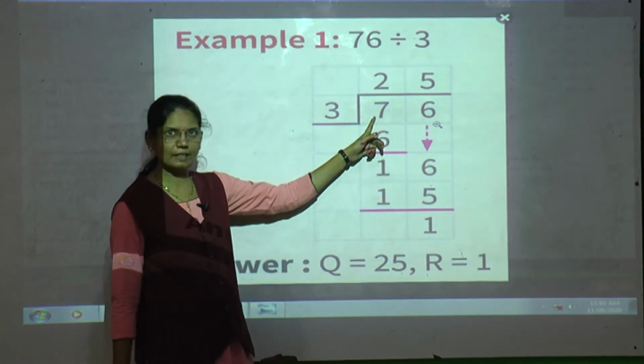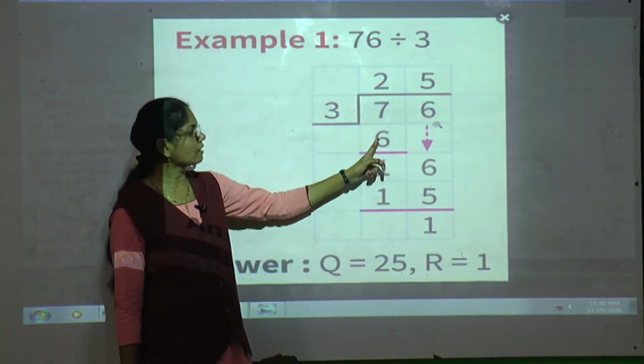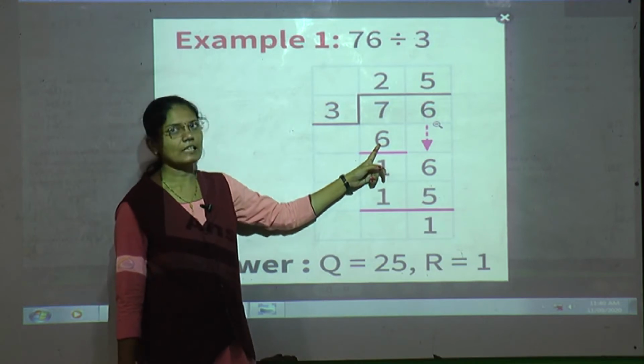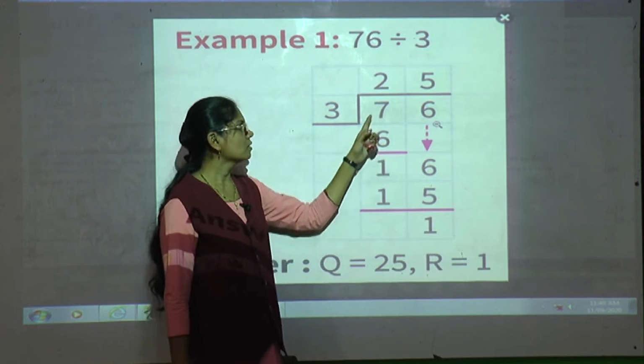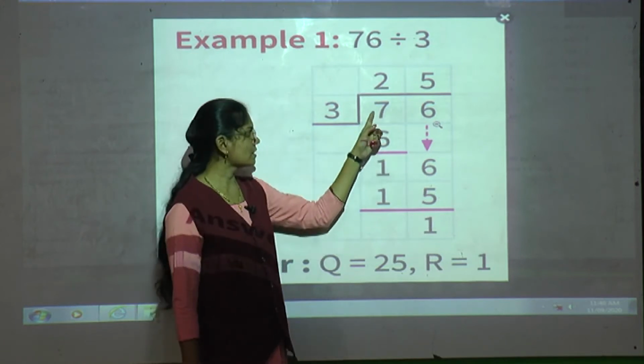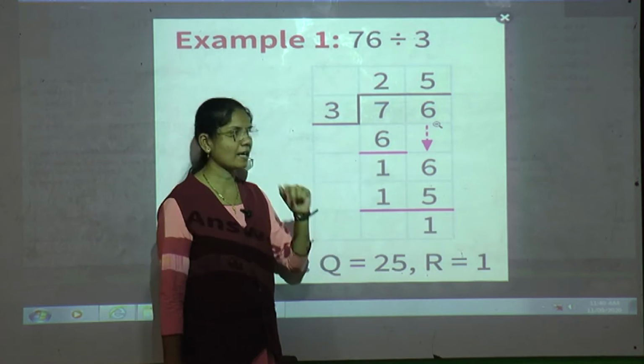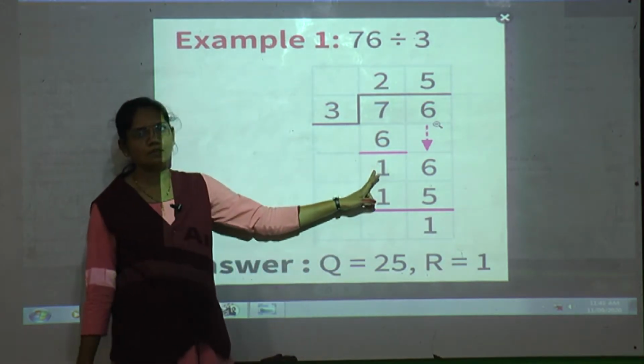Now you have to do the subtraction, that is 7 minus 6 is equal to 1.